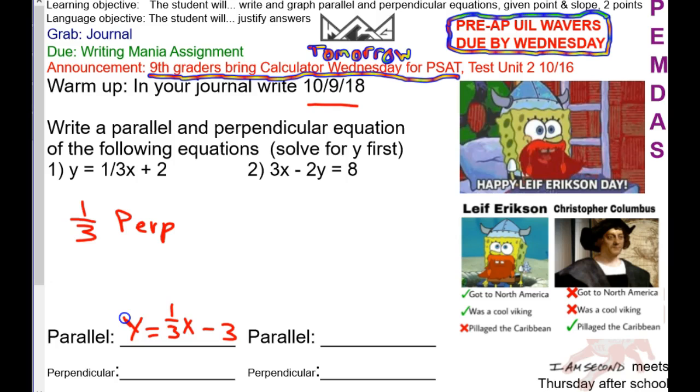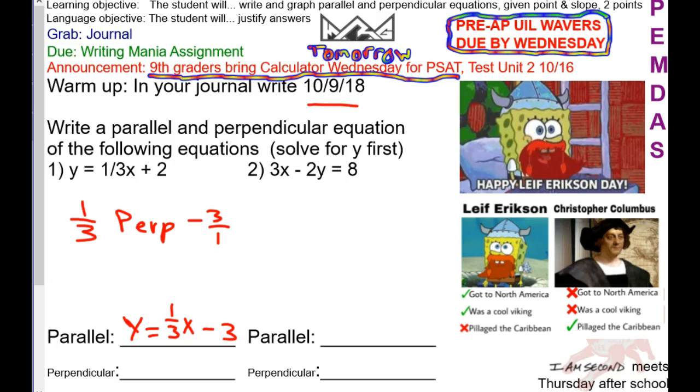So it's going to be what? So the new slope is going to be negative 3 over 1. Thank you. Appreciate it.